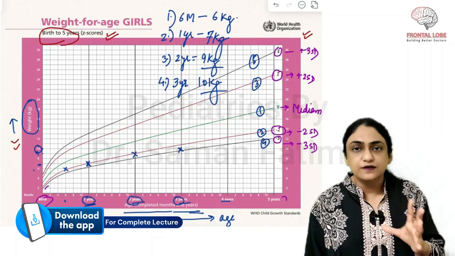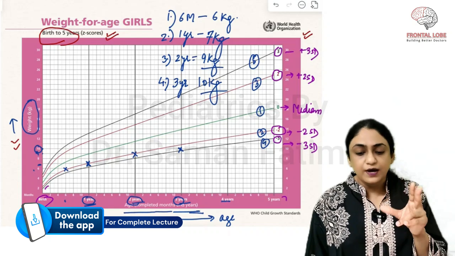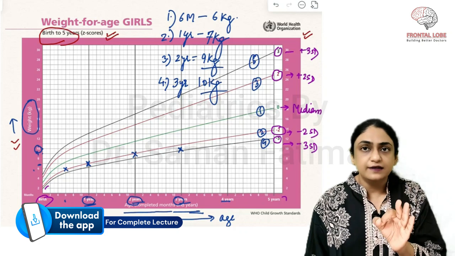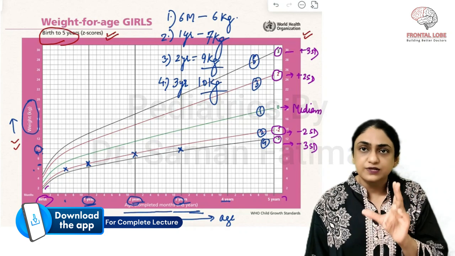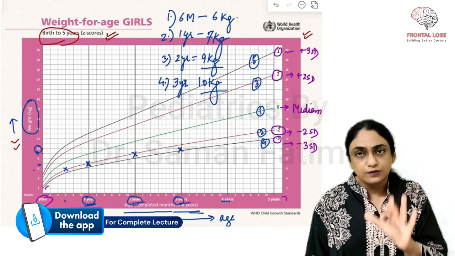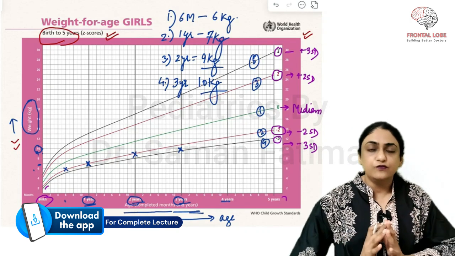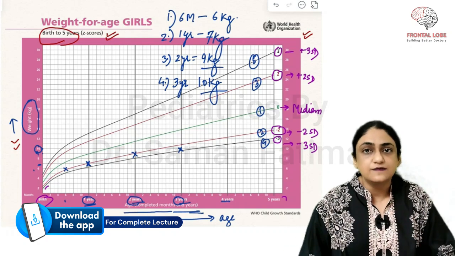One is the median, 2 are -1, -2 and +2 standard deviation, and 2 are -3 and +3 standard deviation. Understood? So we already have 5 standard growth curves over here.